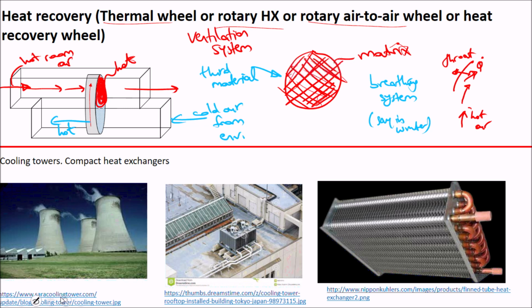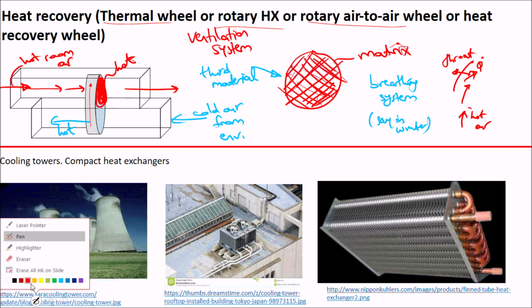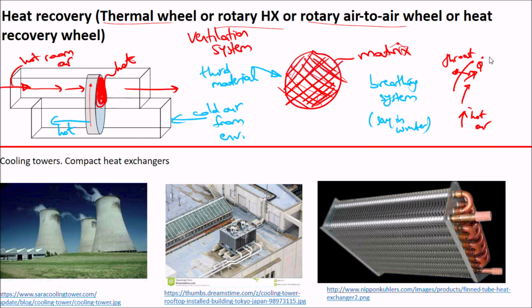Then this throat becomes hot, and when you breathe in the cold air from the ambient, this cold air gets the heat from the throat. Again, you can notice the hot air and the cold air are not confronting each other, but hot air gives heat to the throat, and then cold air gets heat from the throat. We are using a third material, which is the throat here, which is very similar to the matrix here.